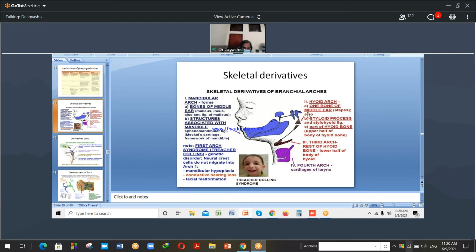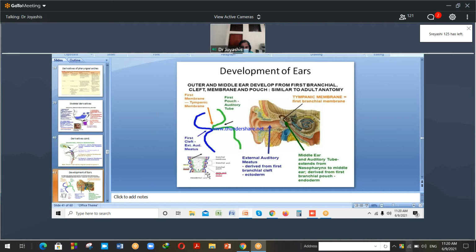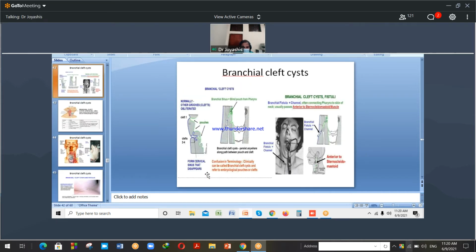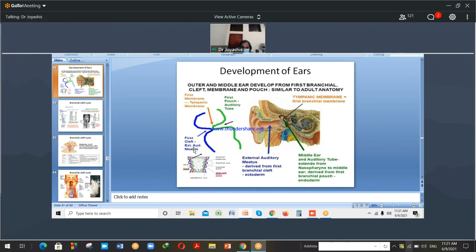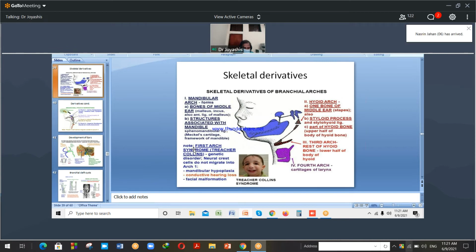The third and fourth arches are overgrown by it, and it forms the cervical sinus. This is the cervical sinus that develops from the second pharyngeal arch. This is the second pharyngeal arch. So the neck begins to take shape in the 6th and 7th week of fetal development. So this is the neck region.